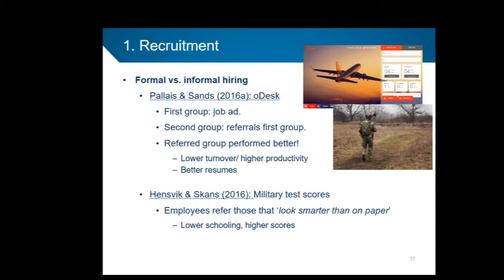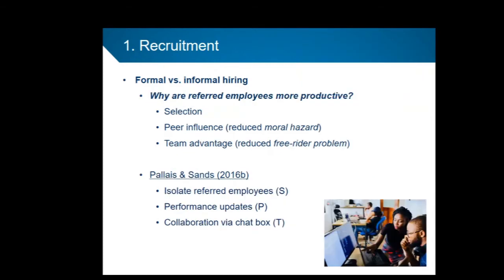Okay, so referred employees are more productive. But why and when is this the case? To answer that question, our good friends Palais and Sand did a follow-up experiment. They hypothesized there might be three different reasons why referred employees are more productive. The first reason was simple selection: referrals are simply a better way to identify talented workers.